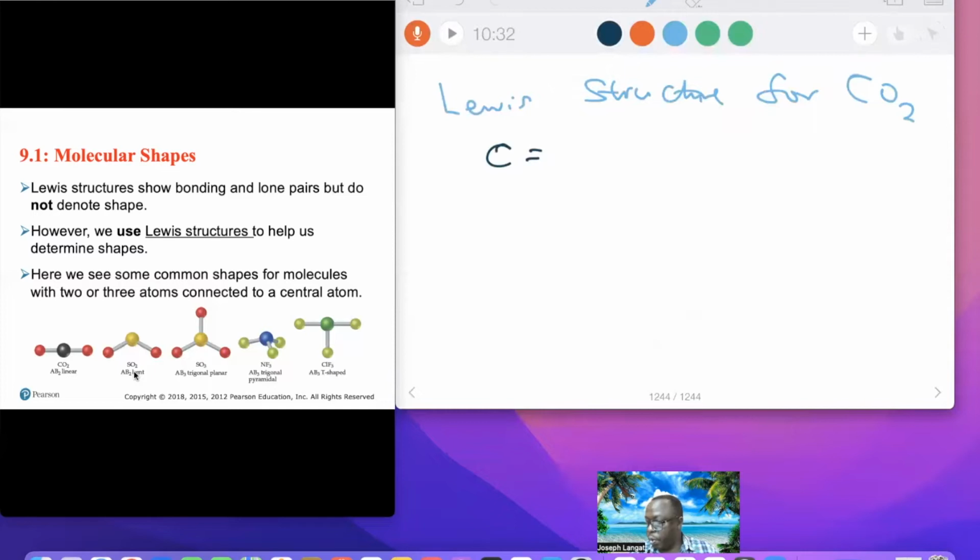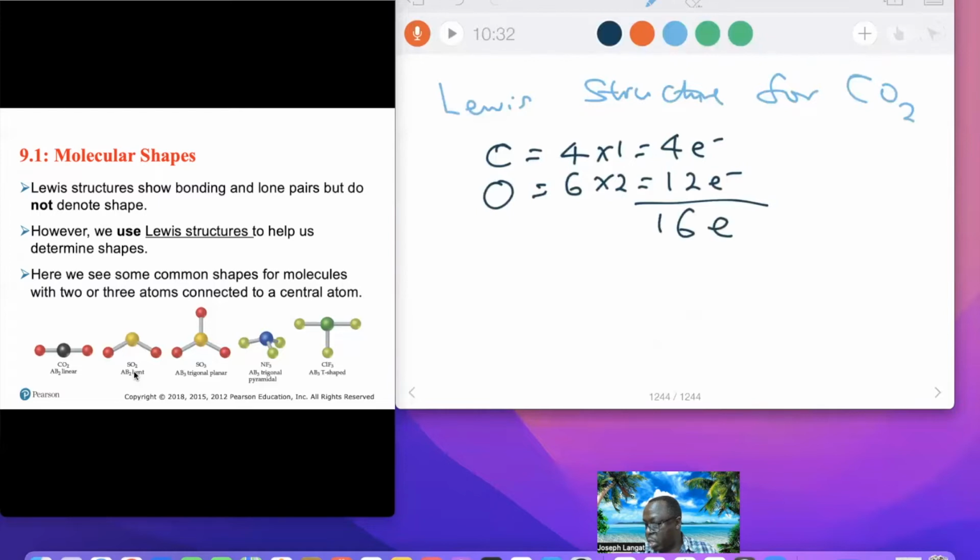Carbon is in group 4A, it has 4 valence electrons times 1 carbon, so we have 4 electrons. Oxygen is in group 6, so there are 6 valence electrons times 2, so 12 electrons. Adding these up, we end up with 16 valence electrons. I'm doing carbon dioxide in order to come up with a shape.